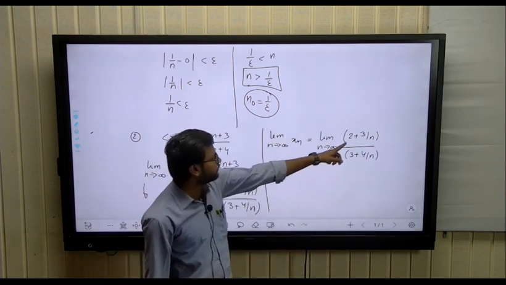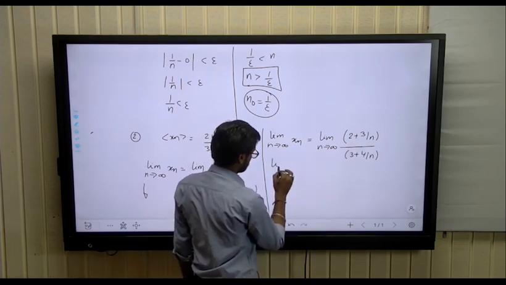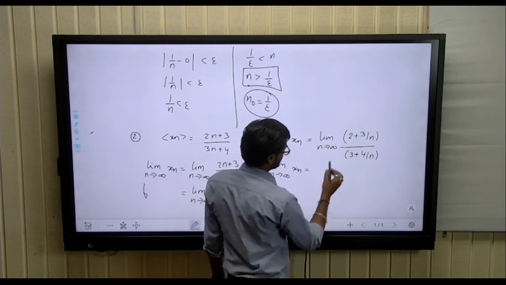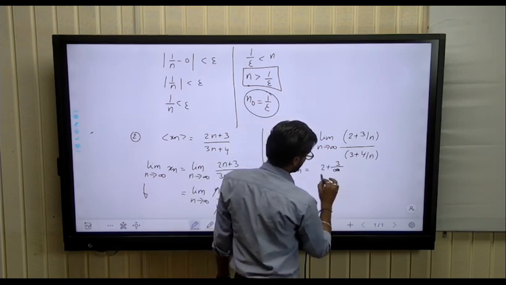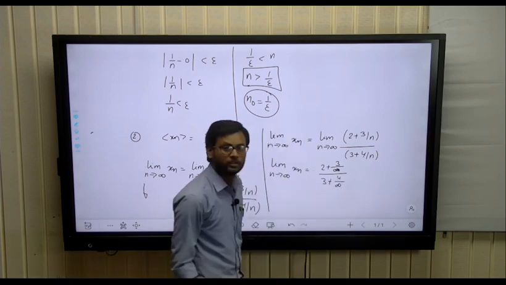Now we put the value of n as infinity here. Limit n tends to infinity xn is equal to 2 plus 3 upon infinity upon 3 plus 4 upon infinity.